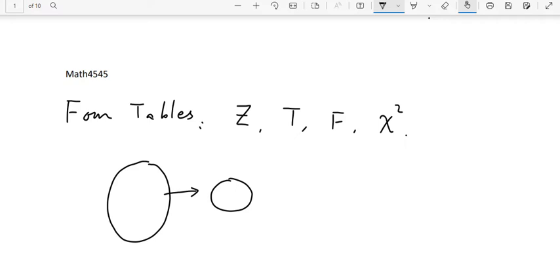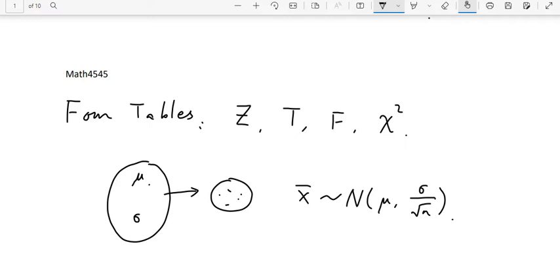The sample mean will follow a normal distribution, with mu the same as the population's mu, the population average. Suppose the population's standard deviation is sigma, so we have mu and sigma over radical n. This is a sampling distribution, and this is the foundation.